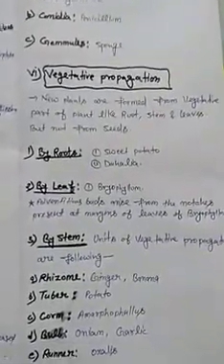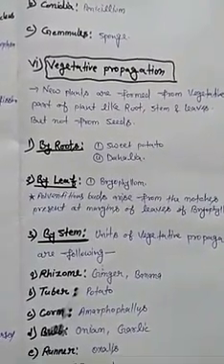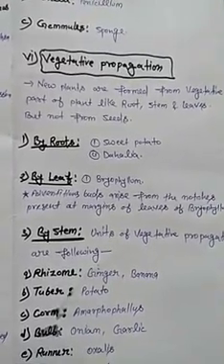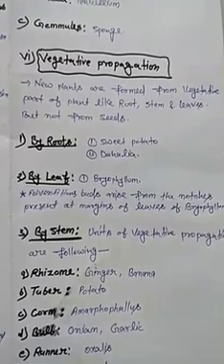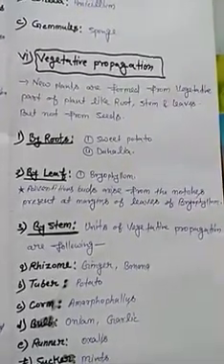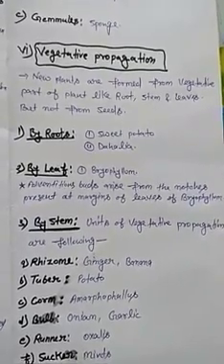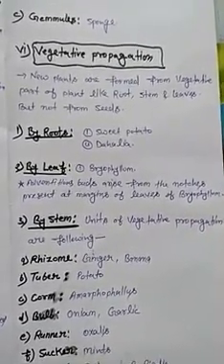Next type of asexual reproduction is vegetative propagation. Before studying vegetative propagation, we have to discuss that there are two parts of the plant. First is the vegetative part and second is the reproductive part.